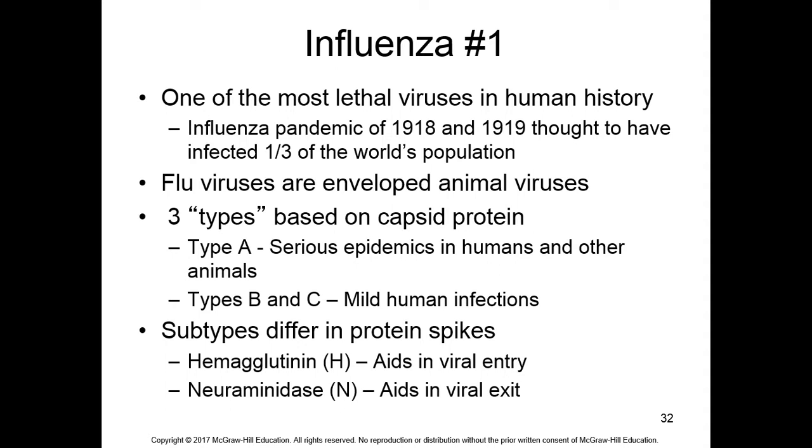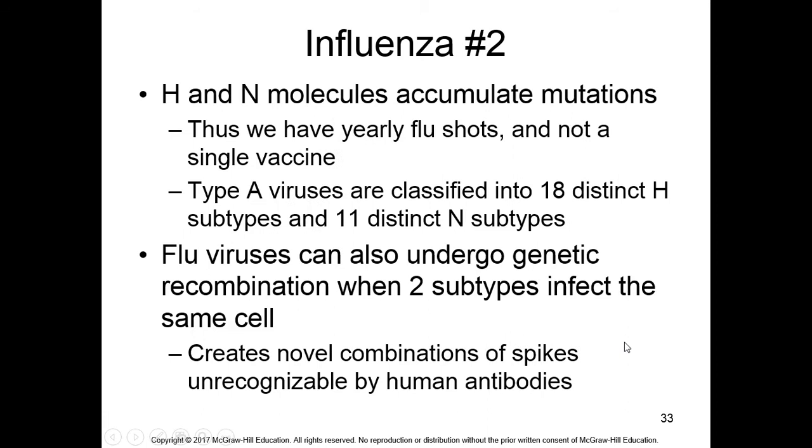Hemagglutinin, as the name indicates, heme for iron and agglutinin, helps in the attachment. So it basically aids the viral entry, while neuraminidase is an antigen that helps in the viral exit from the host cell.